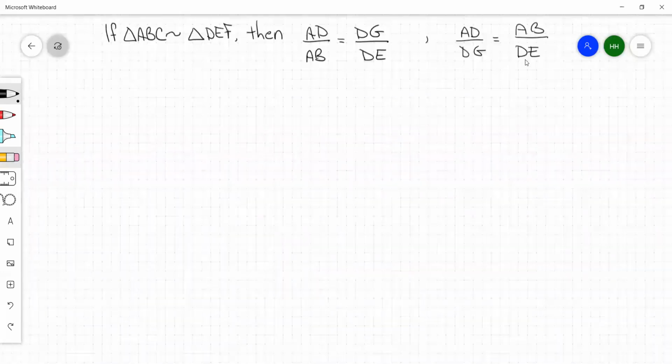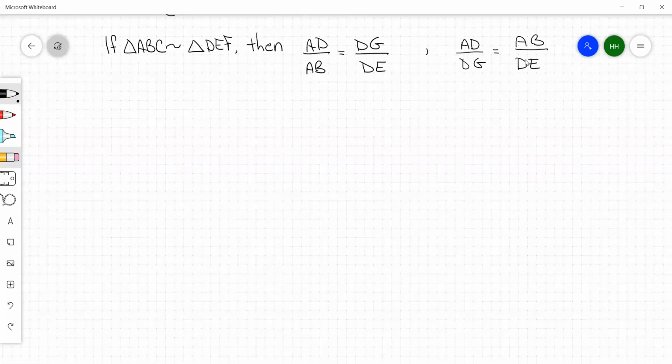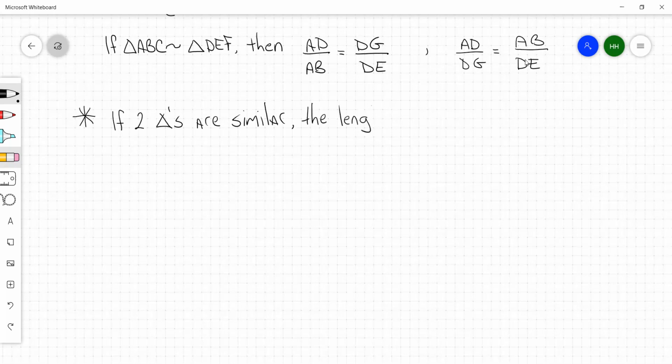All right, let's get one more theorem in your notes here. It's going to start with: if two triangles are similar, the lengths of corresponding medians are proportional to the lengths of corresponding sides.